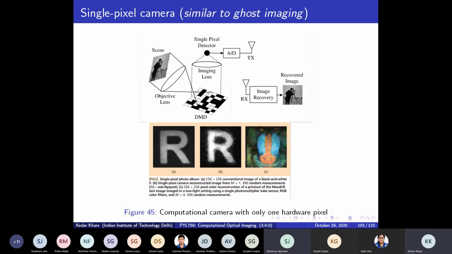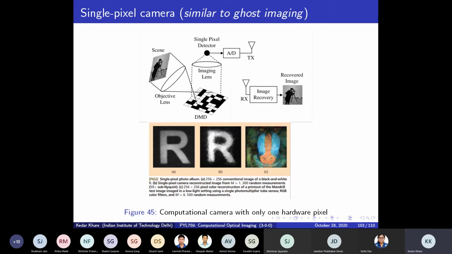Hello, sir. Yes. Sir, here we are mapping the intensity which we receive with different patterns, is it? Yes. So what you are doing is this scene will be imaged onto this DMD chip. And on the DMD chip, only some of these mirrors will be on and some mirrors will be off. Then you are summing up the light from all the on mirrors for one pattern.